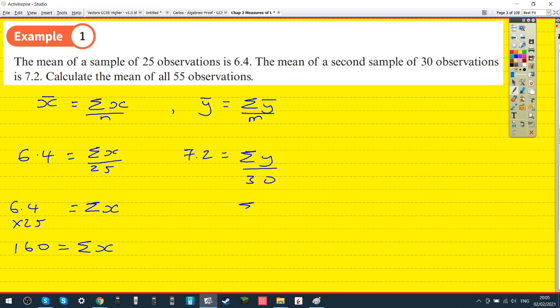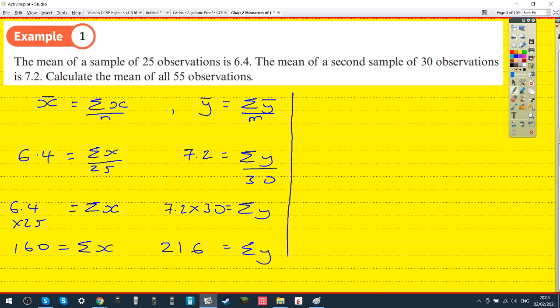And then it's 7.2 times 30, which is 216. And so sigma y is 216. Sigma x is 160. Sigma y is 216.